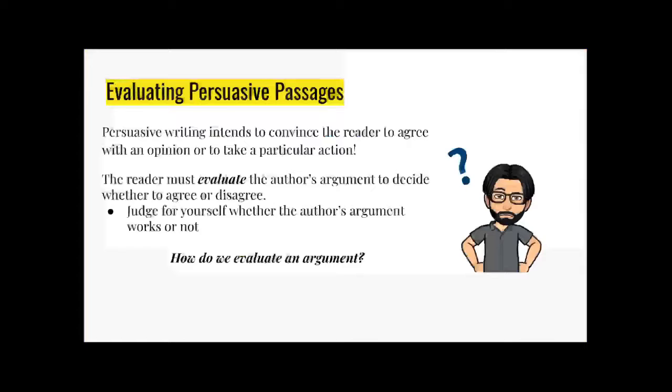It wants to convince you as the reader to agree with a particular opinion or inspire you to take a particular action. So, you must evaluate that author's argument and decide whether or not you agree with what he or she has to say. You need to judge for yourself whether the author's argument works or not.